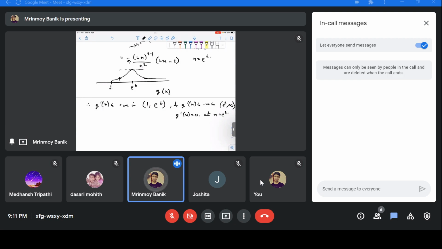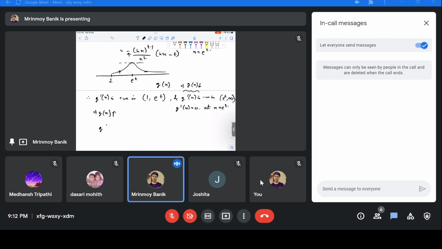Right, since g dash is positive implies g is increasing, and g dash is negative implies g is decreasing. So g of e power t is a global maxima or upper bound.